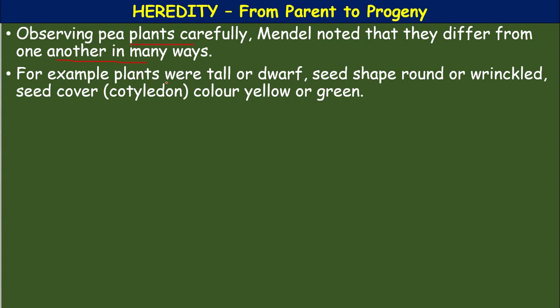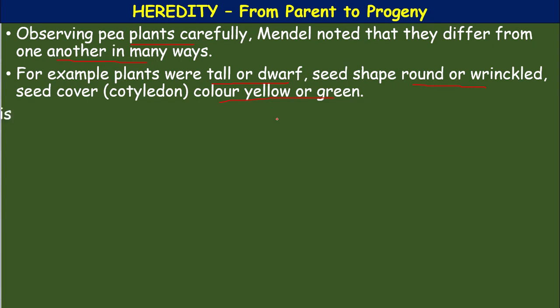For example, the plants were tall or dwarf. This is one characteristic feature. The seed shape: round or wrinkled. Seed cover, that is cotyledons, the color is yellow or green. So, these characters are called contrasting characters, or also called allelomorphs or alleles.